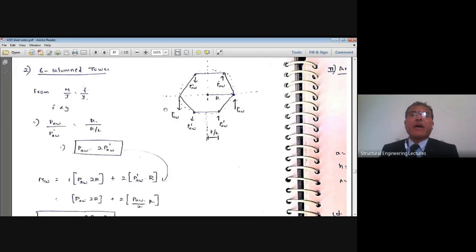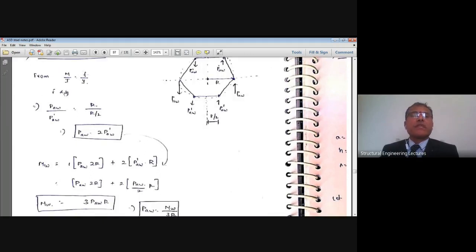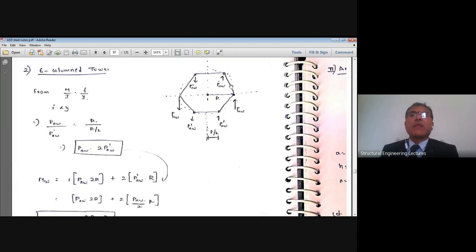If they are developing a resistance of PAW only, they are forming one couple. Hence, we can say, using F is directly proportional to Y, PAW is directly proportional to R, because this distance is R, and similarly PAW prime is directly proportional to a distance of R by 2.